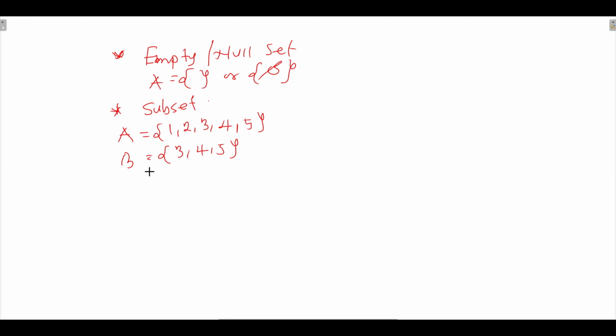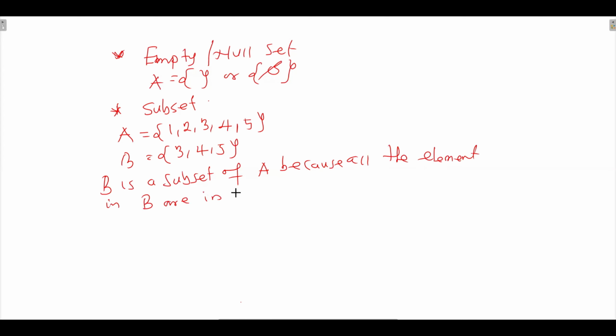Now we can say B is a subset of A because all the elements in B are in A, not some, because all the elements in B are in set A. You can say 3, 4, 5, we have those elements there. So we can say B is a subset of A, but we cannot say A is a subset of B because there are some elements in A that are not in B.